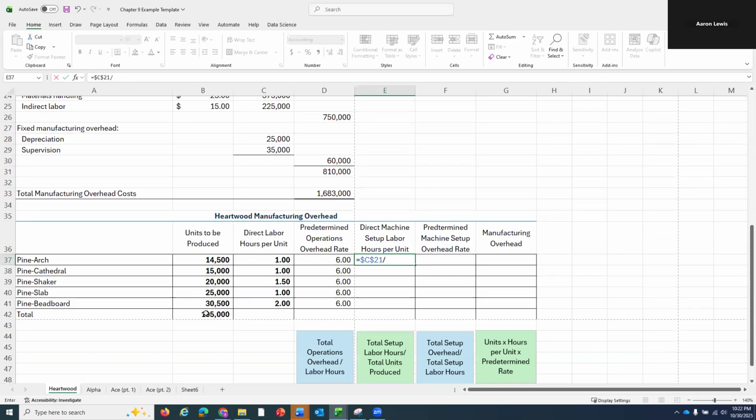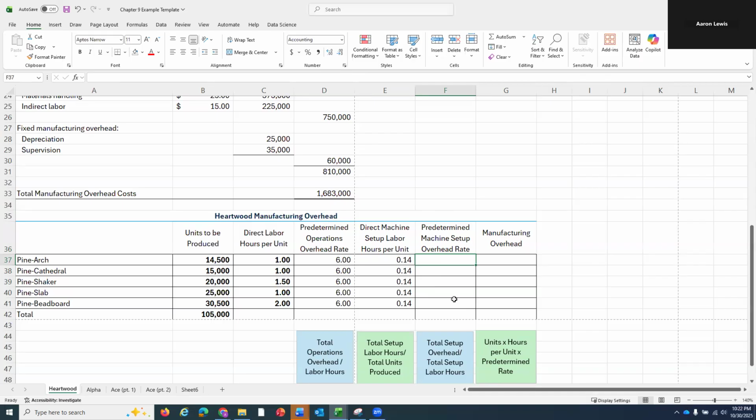Wherever you want to grab it from, I'm going to grab it from right here. And that comes up to, rounded off to two decimals, 0.14. It's really like the 1/7, if you will. So pretty crazy decimal going on over there, but we're going to have that same rate for all of our units. And then we've got our predetermined machine setup overhead rate.